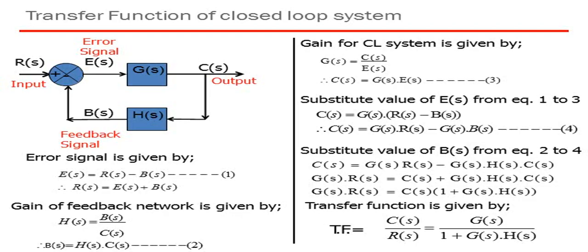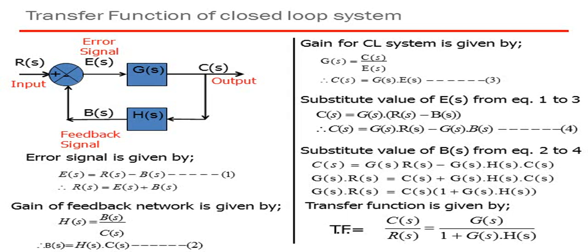Now we will see how to get the transfer function of closed loop system. So in the first lecture we have seen the closed loop system, then how it is represented. The main blocks of the closed loop system are error detector. The input given to it is the input signal as well as the feedback signal.